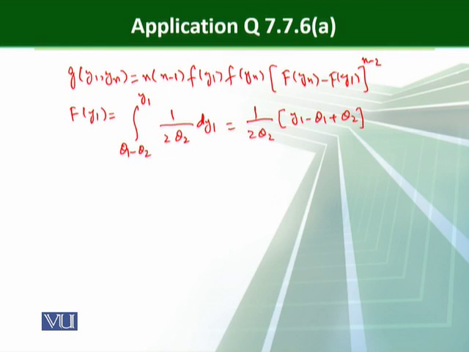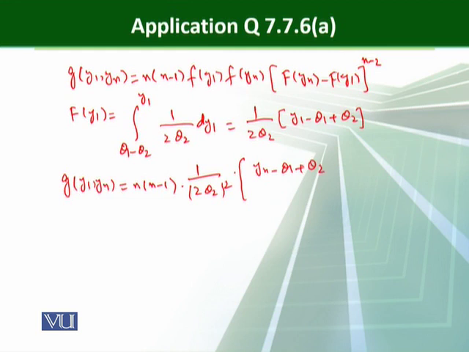Now putting the values in the joint distribution, g of y1, yn is equal to n into n minus 1, and this is the distribution of small y1 and small yn, so we can write it as 1 over 2 theta 2 whole squared, into yn minus theta 1 plus theta 2 minus y1 plus theta 1 minus theta 2, divided by 2 theta 2, whole raised to power n minus 2.